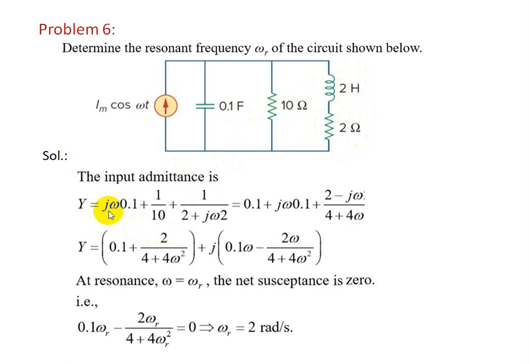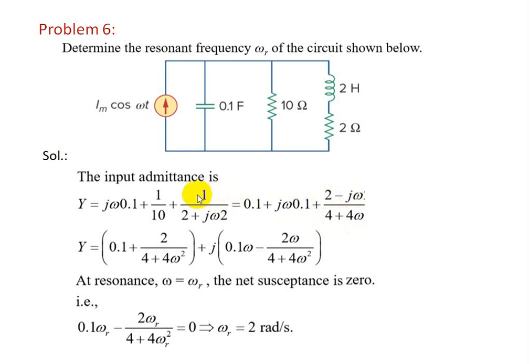That is 1 by j 0.1 for this branch, 1 by 10 for this branch, and 1 by 2 plus j2 omega for this branch. Now this can be written as 0.1 plus j omega 0.1 plus 2 minus j omega by 4 plus 4 omega.